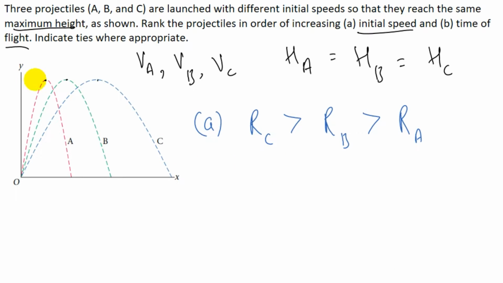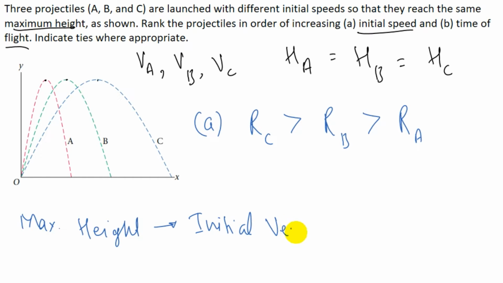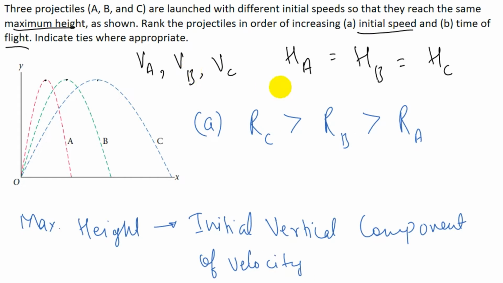Okay, now since the maximum height is the same, we can say that the initial vertical component of velocity is the same, because maximum height depends on the initial vertical component of velocity. And since maximum height is the same for these three cases, the initial vertical component of velocity will be the same for these three projectiles.